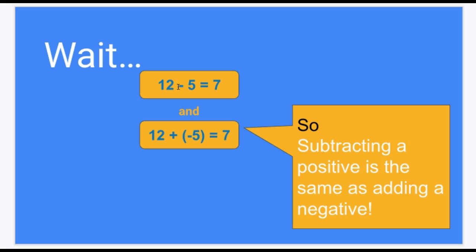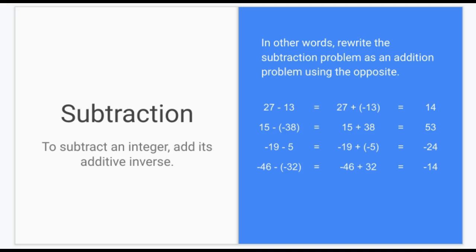They both decrease the value of the expression. So if you're looking at this, this is not to confuse you. 12 minus 5 is the same thing as saying 12 plus a negative 5. Negatives and minus both decrease the value. So I'm still decreasing the value of this top one by 5. Guess what? I'm decreasing the value of the bottom one by 5. Okay? See what we got here?